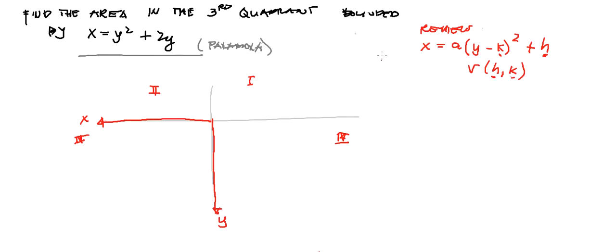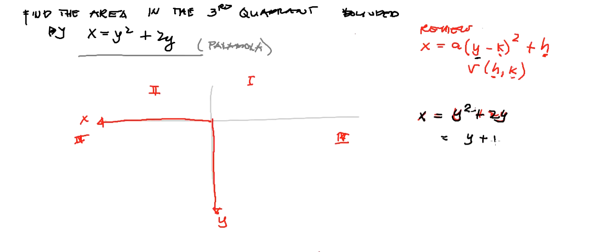So let's transform our given formula into this form. We have x equals y squared plus 2y. As you can see here, we have some variable y that is being squared, so let us do the completing the square.